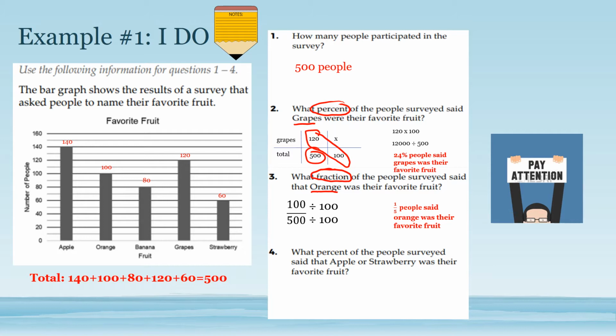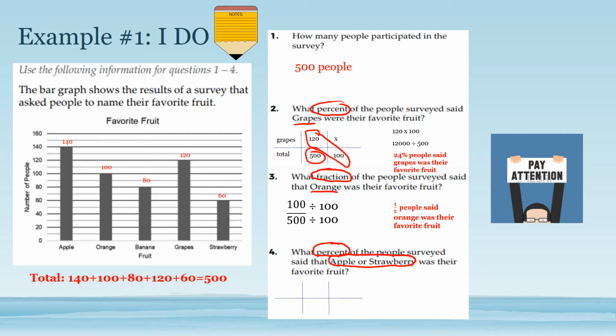Question number 4. What percent of the people surveyed said apple or strawberry was their favorite fruit? We're going to stick with percent, which means we're doing a part to whole relationship. So we're going to use our Big H strategy.